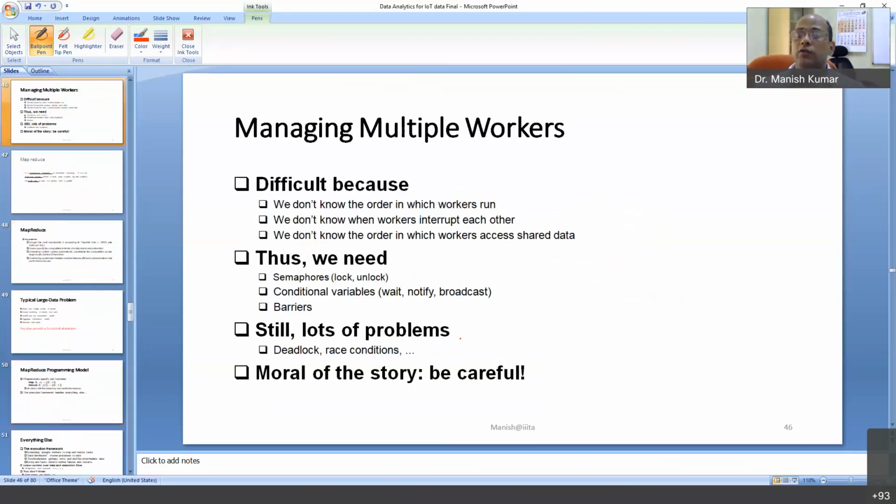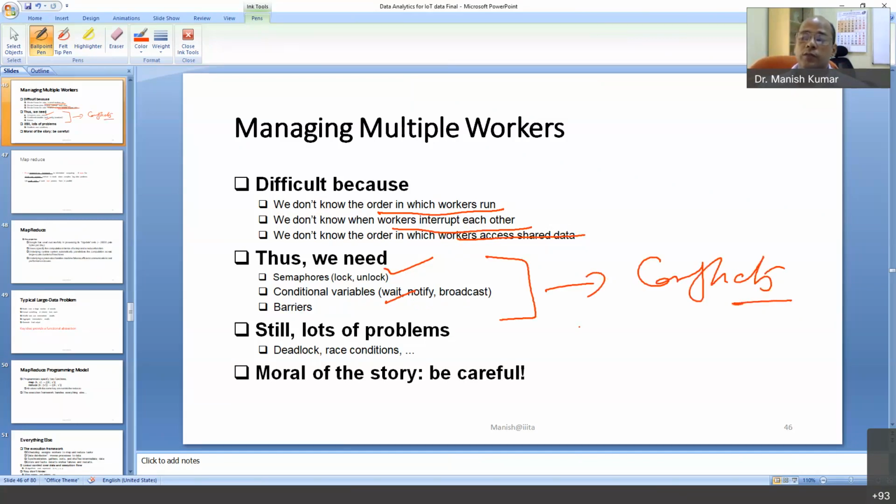Not only these, we also have difficulties: we don't know the order of execution of the workers, we don't know when one worker is interrupting other workers, and we don't know about the sharing of the data. Certainly we have some mechanisms like locking, unlocking, conditional variables and barriers, which can handle some of the conflicts or manage the consistency.